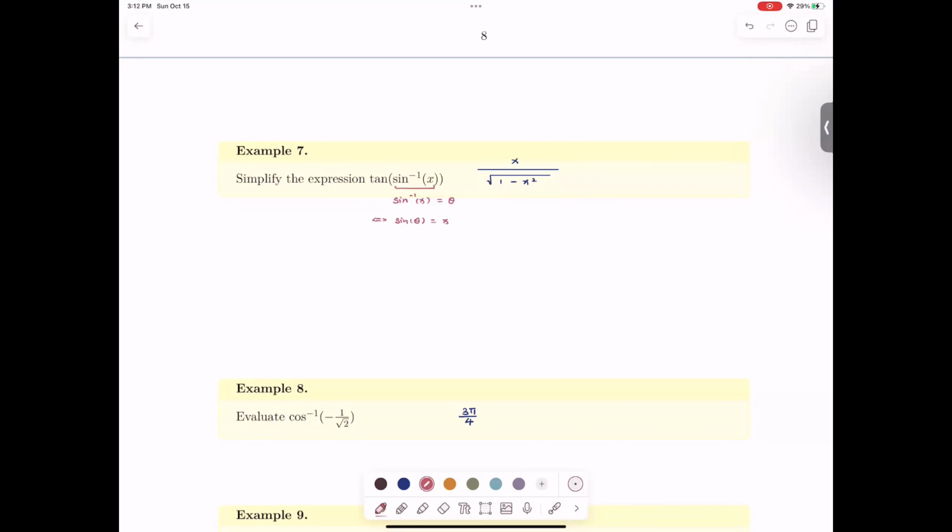What is my restriction here if I want to switch to this? Anyone? Negative pi over 2 to pi over 2. What is negative pi over 2 to pi over 2? Is it x or theta? Domain of inverse?